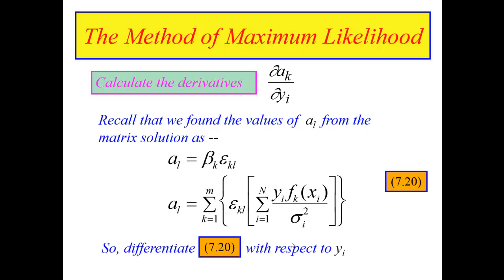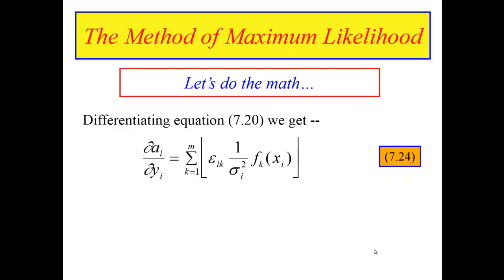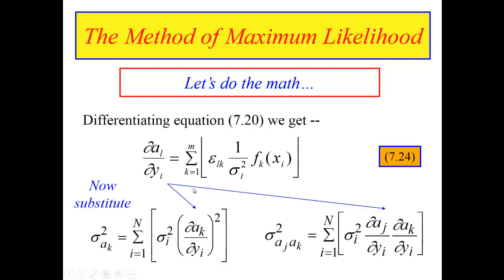And we just take that expression and differentiate it with respect to the y_i terms. When we do the math, we get this expression here, da_l by dy_i. That will get substituted into the various locations where we need it in the expression for the variance in the fit parameter a_k, and then the covariance term as well.